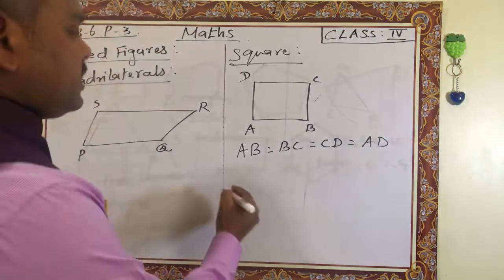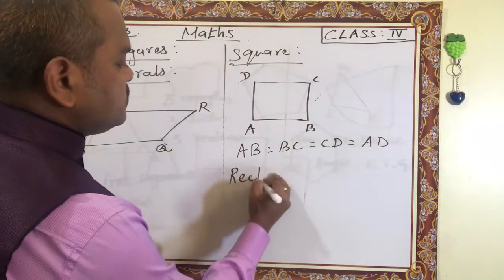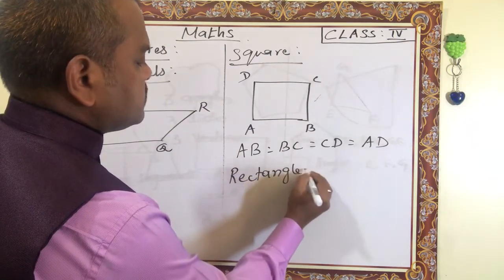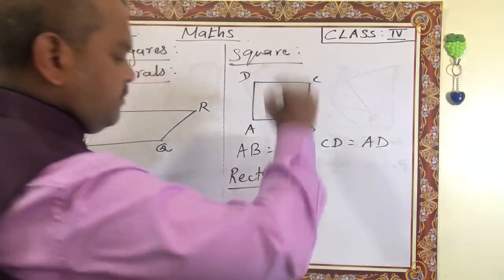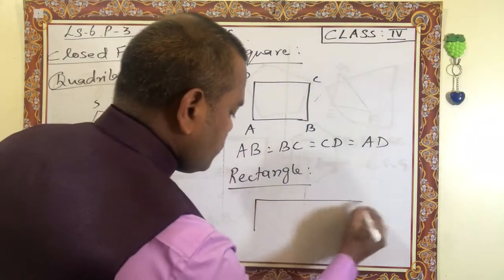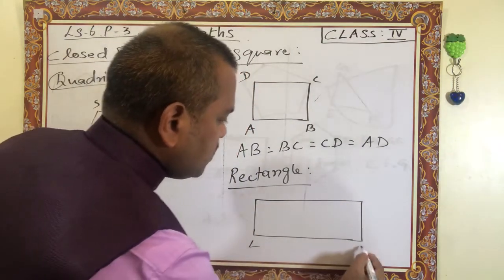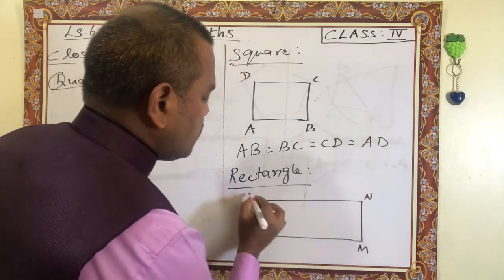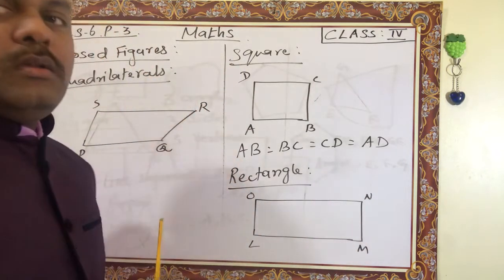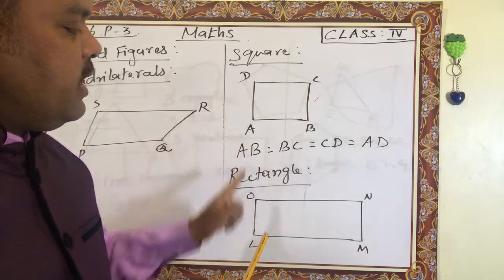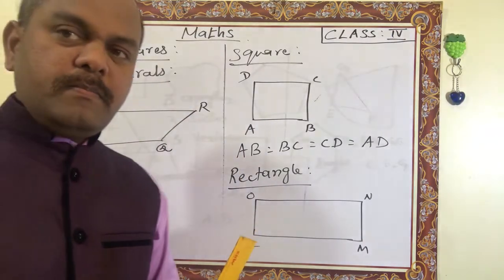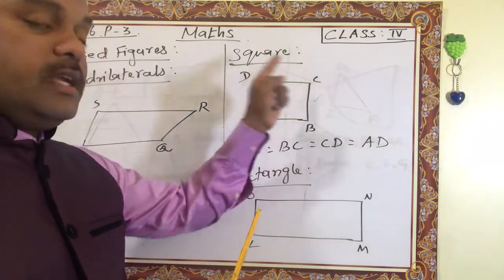Next one, rectangle. L, M, N, O. See the difference between square and rectangle. In a square, all sides are equal.